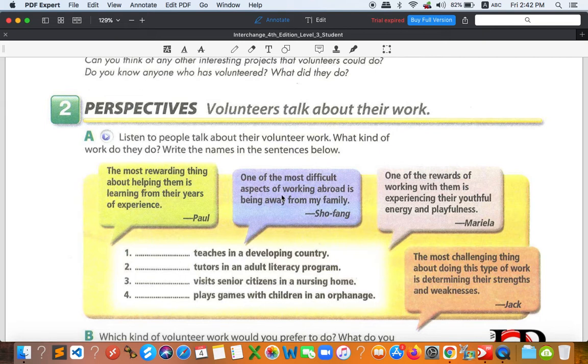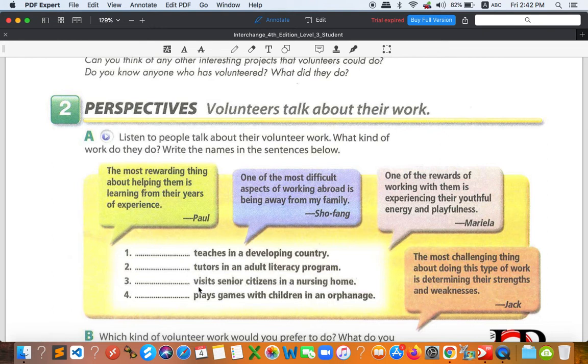Okay. Number 2, can you guess? Tutors in an adult literacy program. Literacy program is a course to teach people how to read and write. So it's about Jack. Determining their strengths and weaknesses, their good points and the bad points.